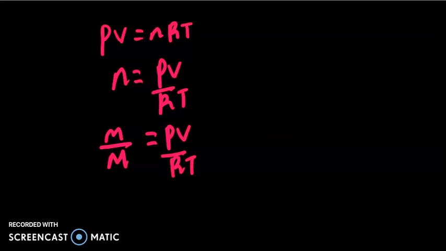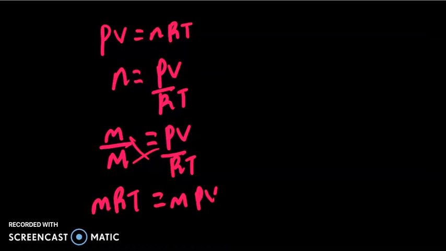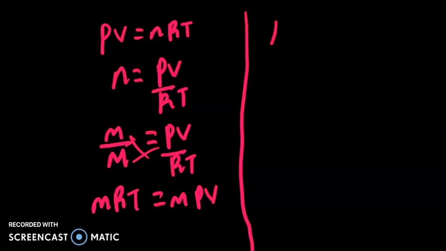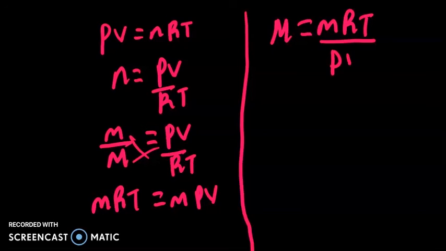So to get the molar mass, cross-multiply: this will be mRT equals M PV. M becomes small m RT divided by PV.